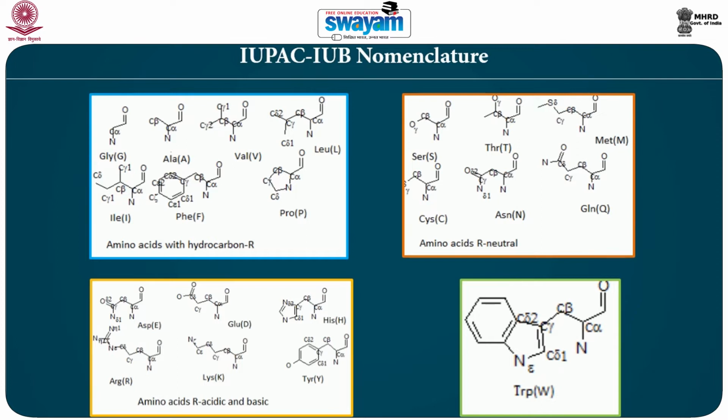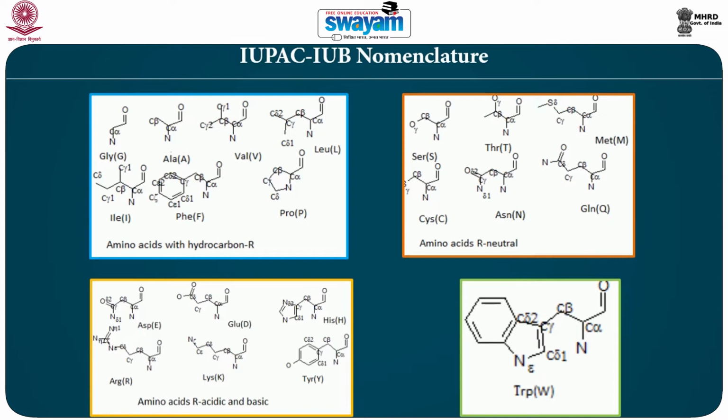Threonine, it is C alpha, next C beta, next C gamma, then O delta 1 and N delta 2. Let us see a long chain, arginine. It has C alpha, C beta, C gamma, C delta, N epsilon, C zeta, N eta 1, and N eta 2. This is the longest chain.